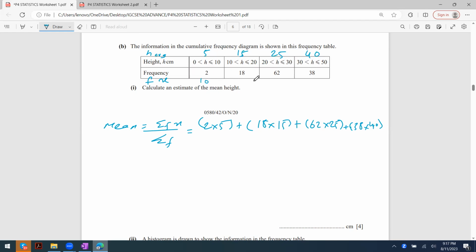You can even list the values here also. 270, and 62 times 25 is 1550. The total is 3,350. Okay, all of you getting the same?